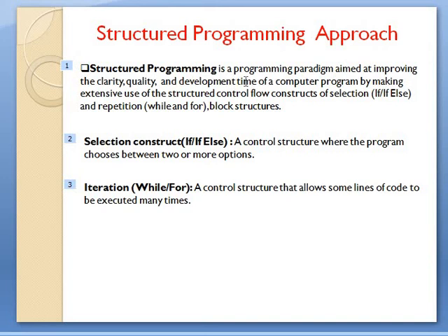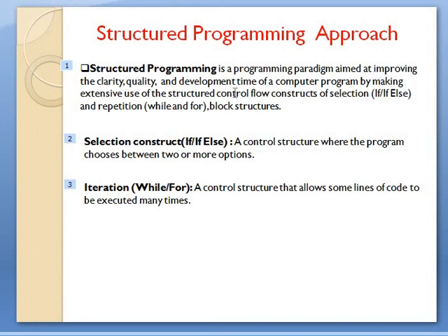I have already discussed these structured control flow constructs in an earlier presentation of chapter number 3. So refer to that chapter for a proper understanding of the structured control flow constructs. Now let's come back to the topic again.